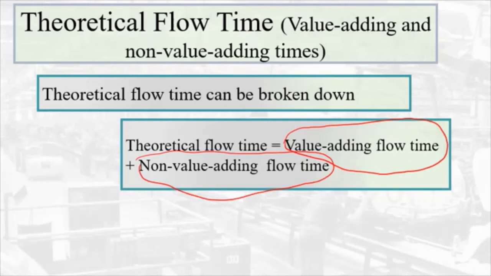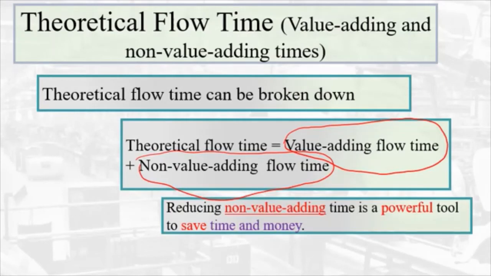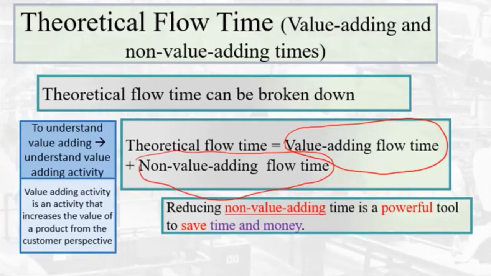If we have 10 minutes of theoretical flow time, maybe 2 of these 10 minutes are non-value-added time, where you're doing something that doesn't add any value from the customer point of view. Now, it's very important to understand that value-added is defined from the customer perspective. It's not from the producer perspective, it is from the customer perspective.